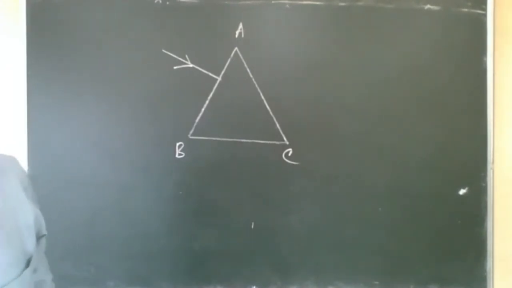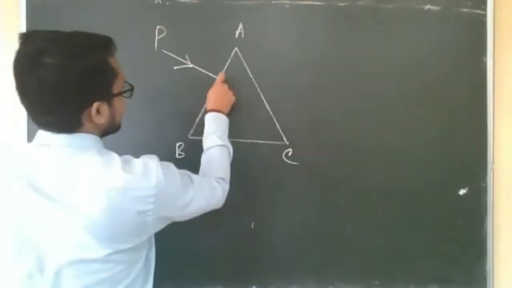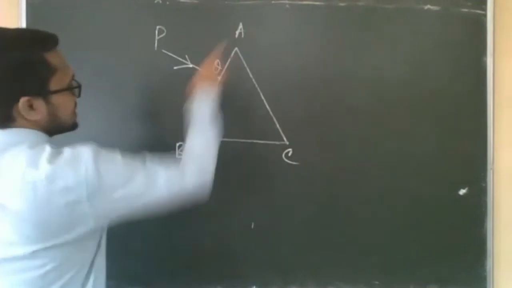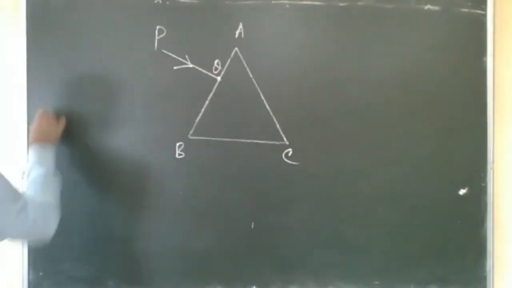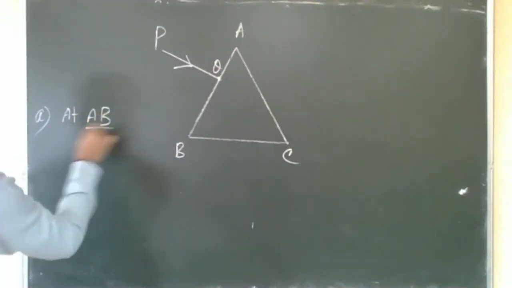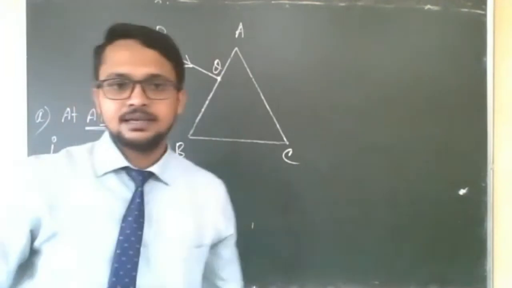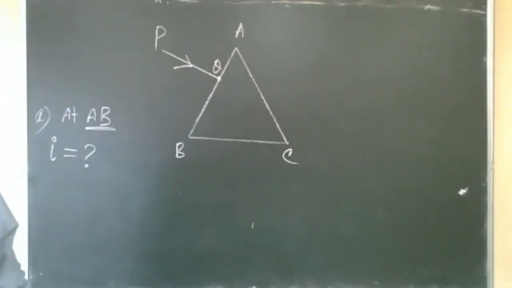First question: what is the angle of incidence on the first face of the prism? Suppose P, here it is Q. So at this face, AB, question number A: at AB, what is the angle of incidence?